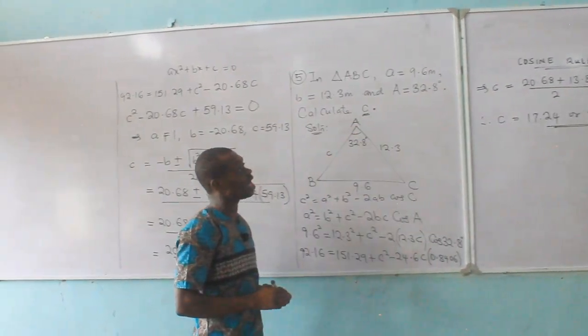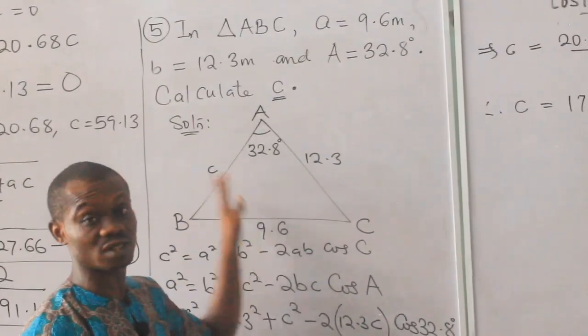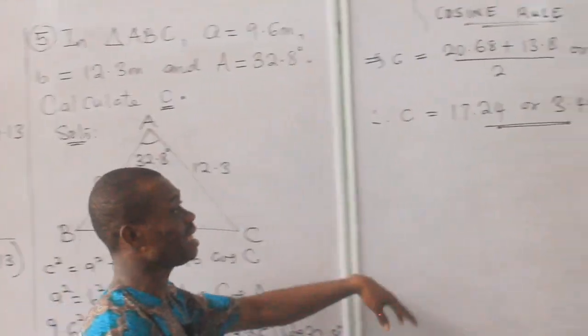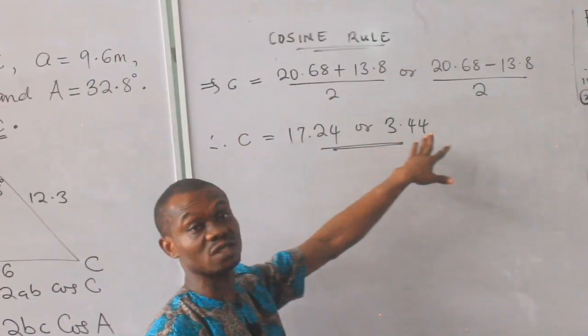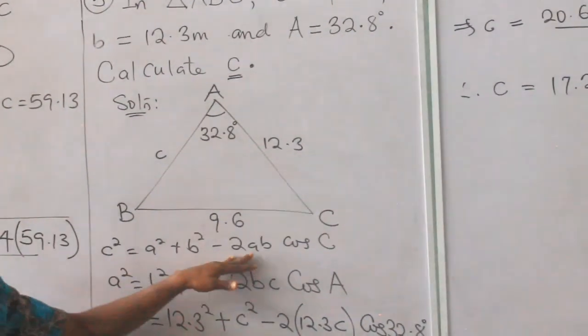So here you can see that following the process, we've been able to get the value of C. So the meaning is that for any of these values of C, if you substitute it into this formula, that is going to be true.